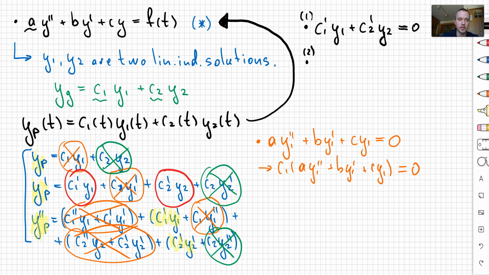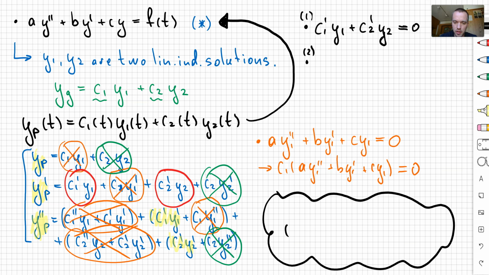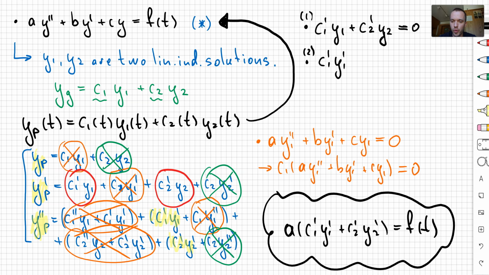Since we have constant a, after plugging all those functions into my differential equation I obtain a times c1 prime y1 prime plus c2 prime y2 prime is equal to f of t. If I divide both sides by a, I get exactly the second equation for finding the unknown functions c1 and c2. So I have c1 prime y1 prime plus c2 prime y2 prime is equal to f of t.